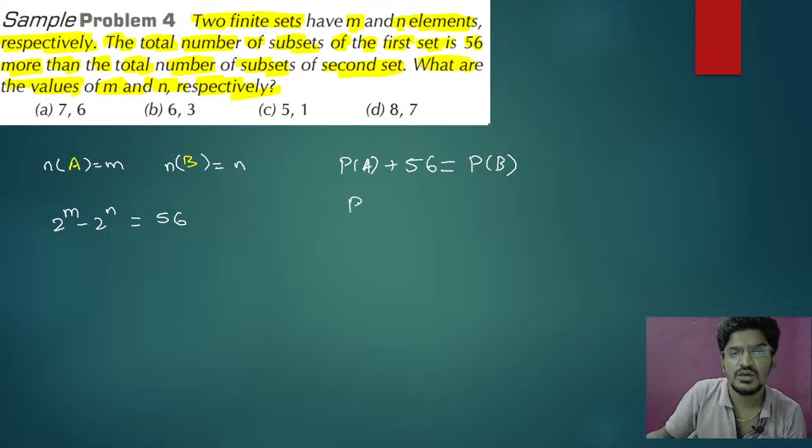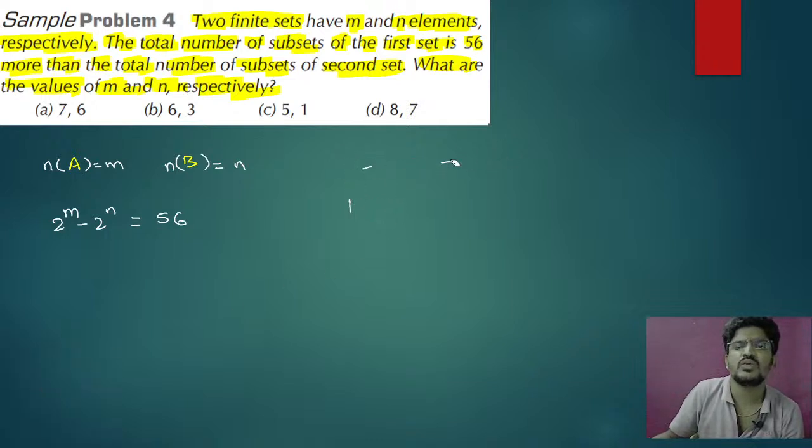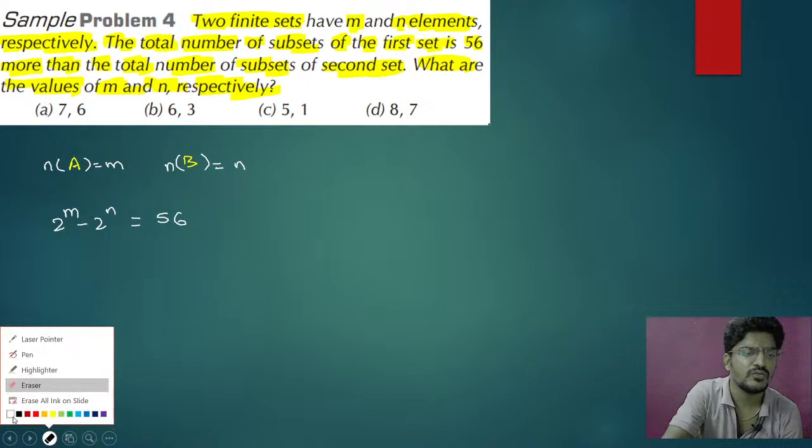That means P of A minus P of B is going to be equal to 56.